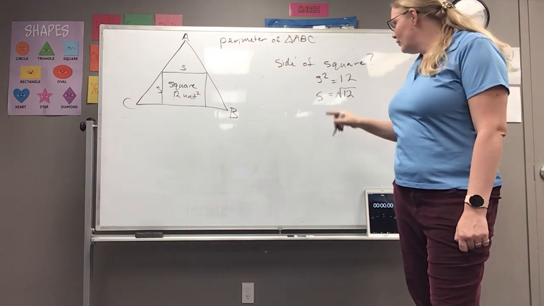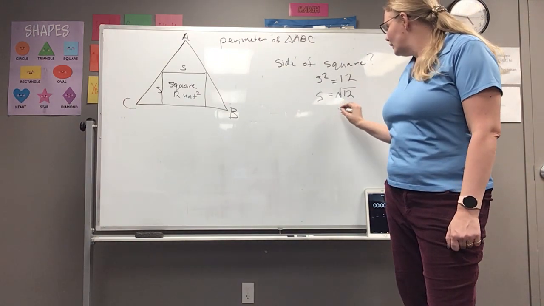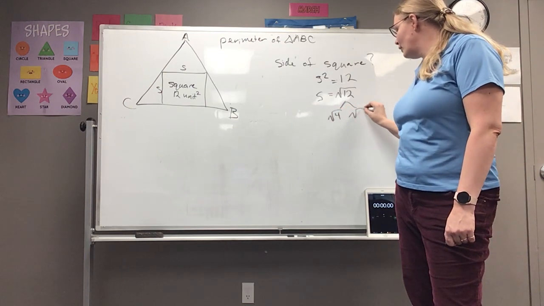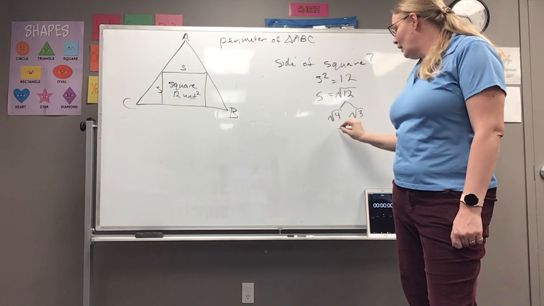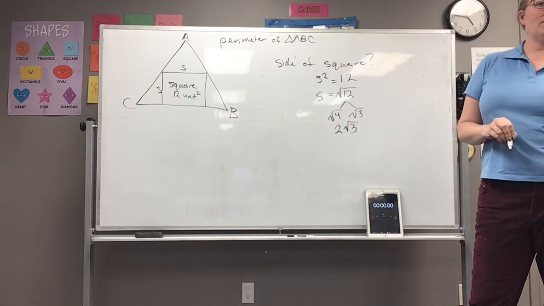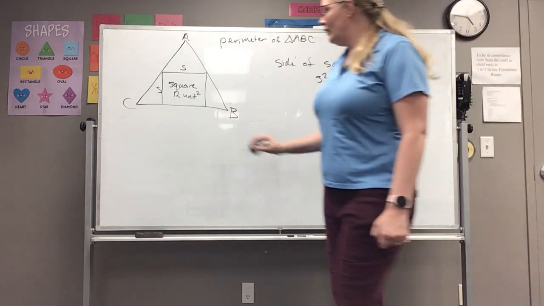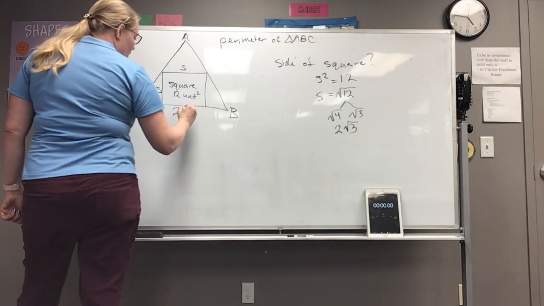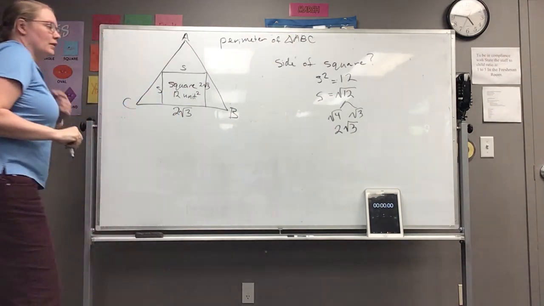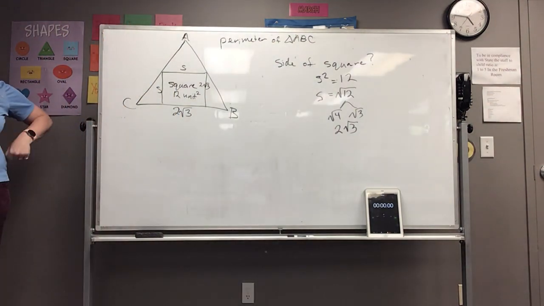This factors out as square root of 4 times square root of 3, and we have 2 square roots of 3. So we have 2 square roots of 3 here, but also 2 square roots of 3 here. Do you guys know where to go from there?